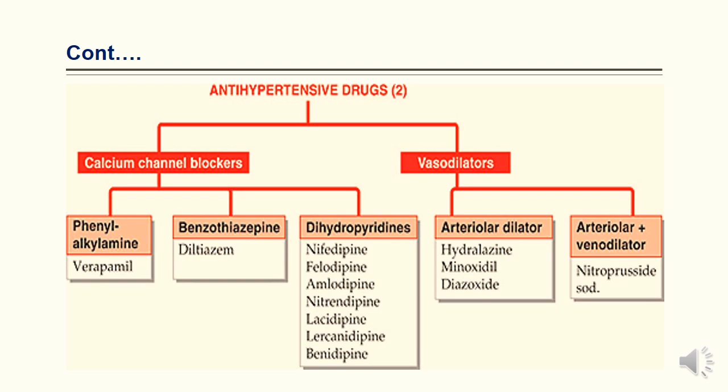These vasodilators act by producing relaxation of vascular smooth muscle, primarily in arteries and arterioles. As a result, these drugs decrease peripheral resistance.